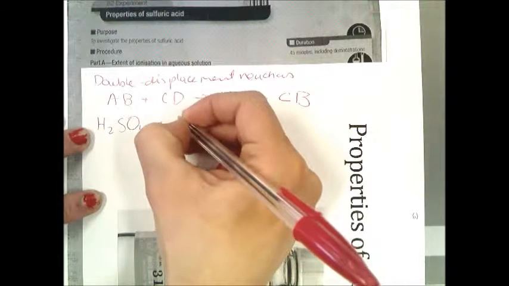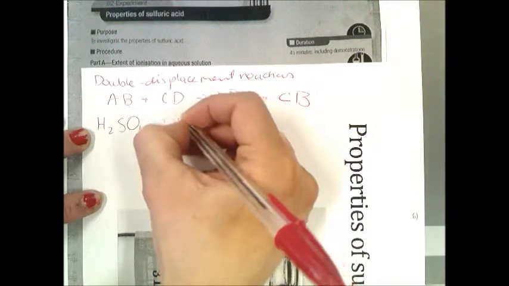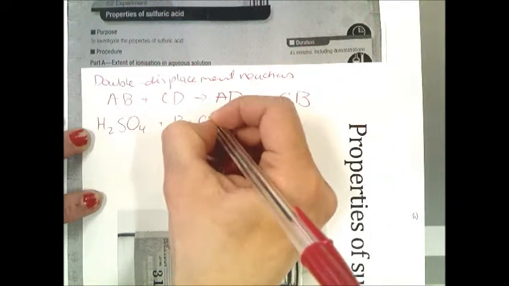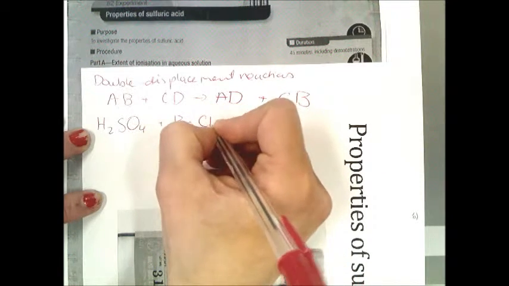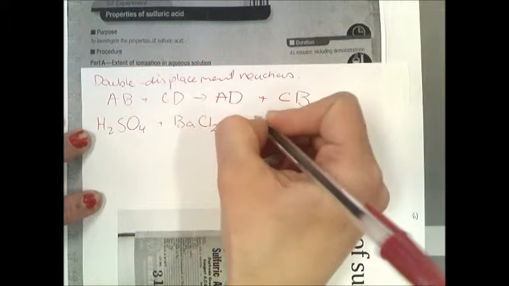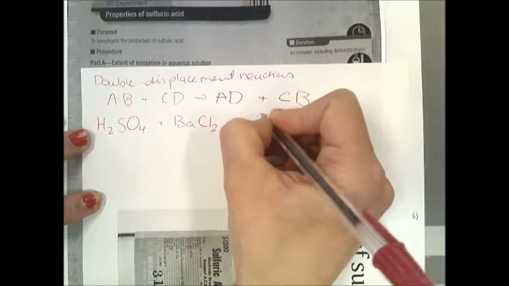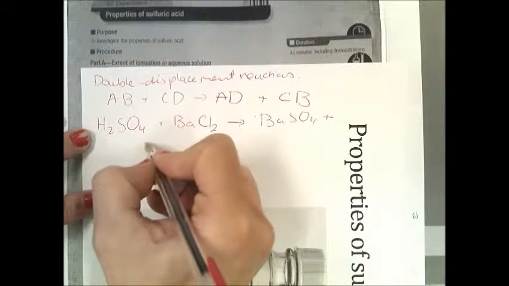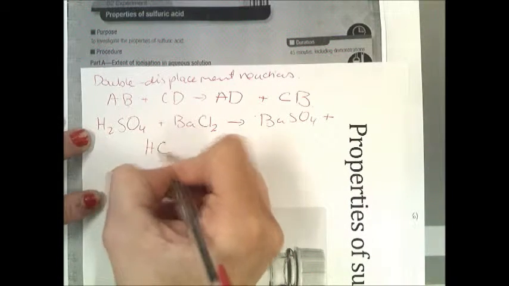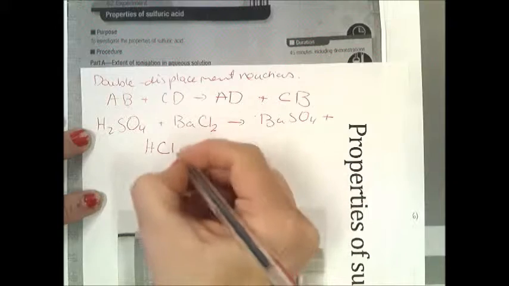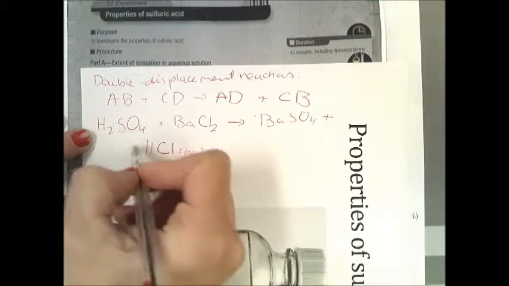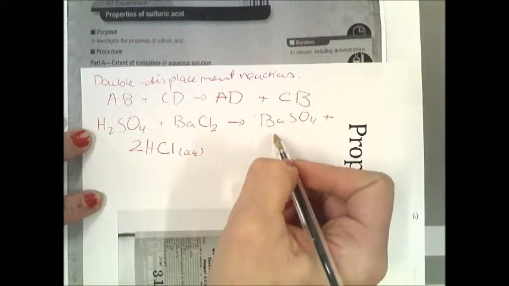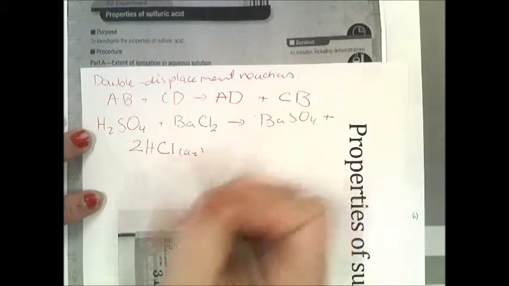It reacts with barium chloride to produce barium sulfate plus hydrochloric acid. We know that this is aqueous for sure. Let's just make sure we've balanced properly. We have 2 there, perfect.